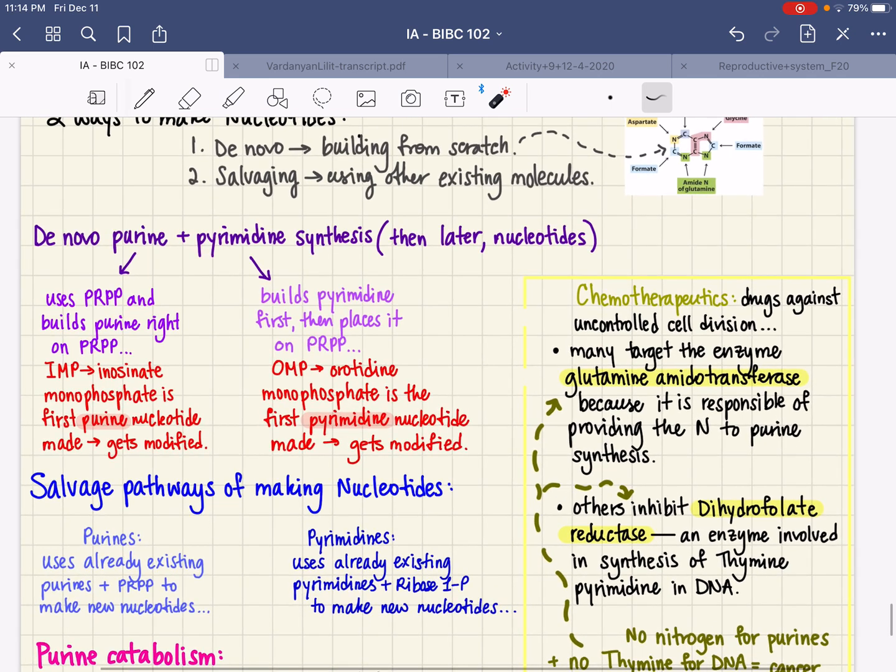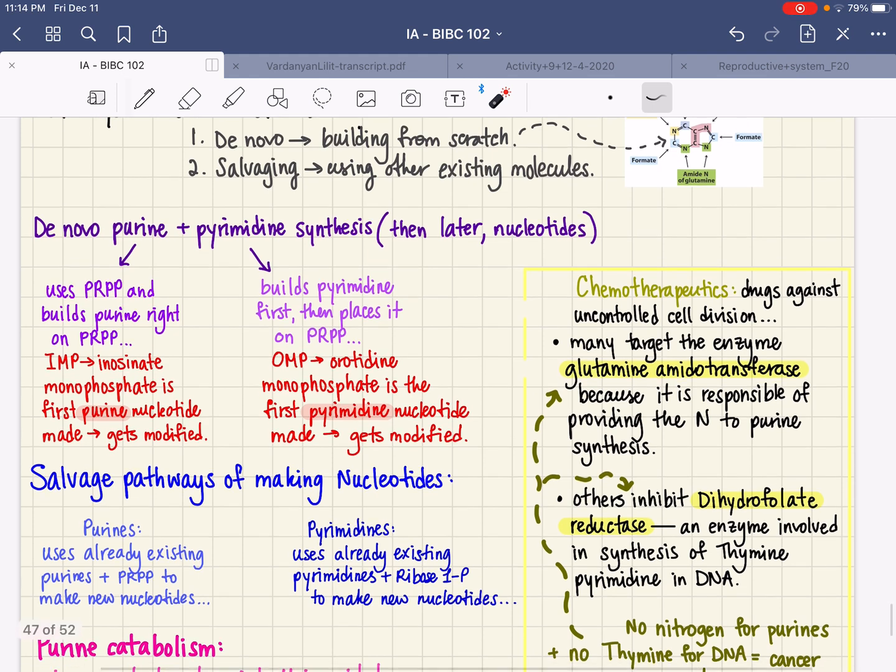So purine de novo synthesis uses the molecule PRPP, and it begins to build the purine base right on PRPP. In class, Professor Hampton mentioned that purine has the U, so purine is being made upon PRPP.